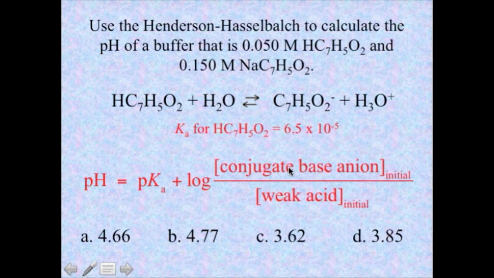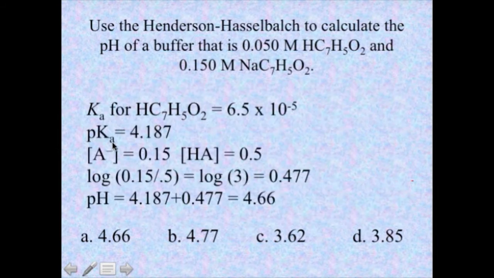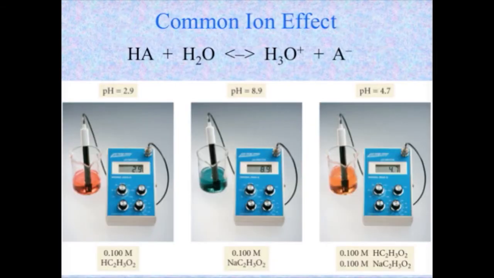And the conjugate base is going to be 0.15. So it'll be the log of 3, really, plus the pKa that you calculate from the Ka by taking the negative log of it. So if you did all that and plugged them into the Henderson equation, or if you went ahead and solved for hydronium ion in the mass action equation and converted that to pH, you should have gotten 4.66.